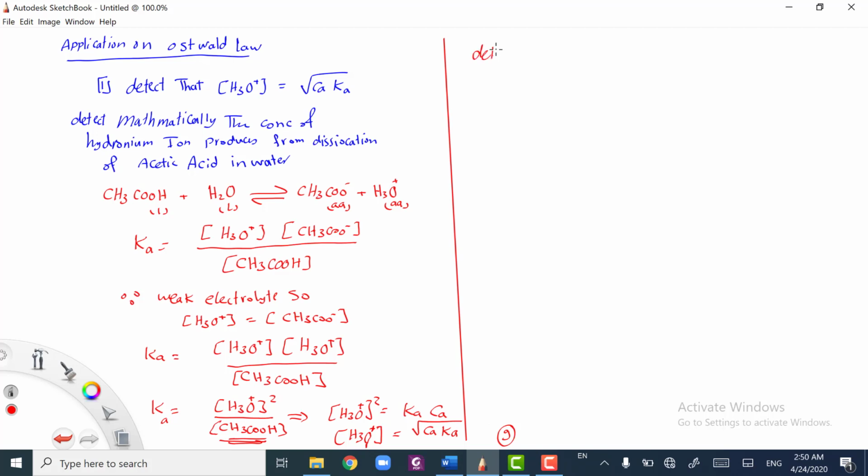Derive mathematically that OH negative equals the root of Kb times Cb, the concentration of the base times the dissociation constant for the base.